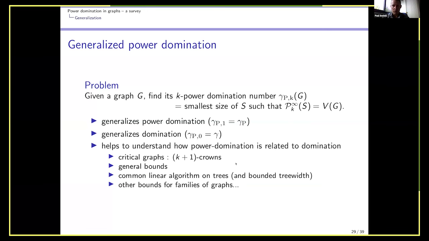If you remember, my critical graphs before were graphs where two leaves were added to every vertex. And here again, you can do the same with k plus 1 crowns, meaning that you add k plus 1 vertices to every vertex. You get some general bounds, and the algorithms are similar on trees and so on.